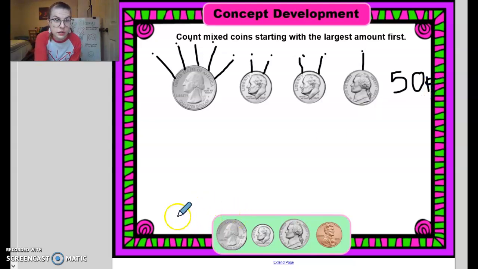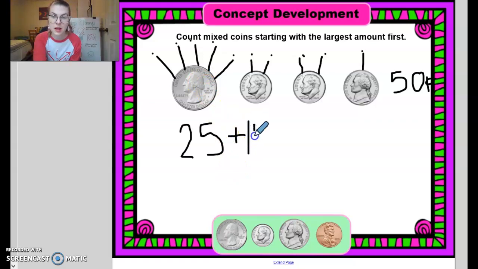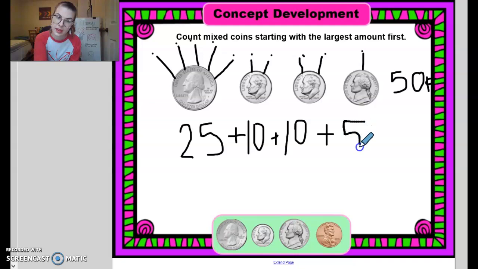Or what you could do is you could count up what each coin is worth and write a repeated addition sentence to find the total of all the coins. So if the quarter is worth 25 and Mommy Dime is worth 10 and another Mommy Dime is worth 10 and a Johnny Nickel is worth 5, I can then use this number sentence to figure out how much I have in all.